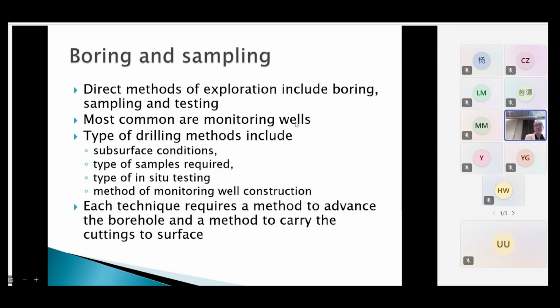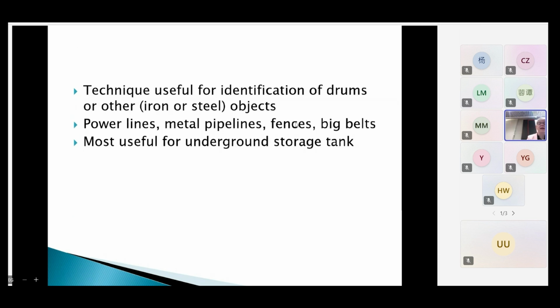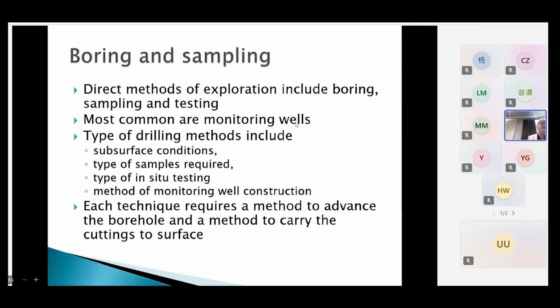The next step, once you have an idea of where the contaminants are, is to do the boring, sampling, and testing to see where the actual contamination levels are and what the contaminants exactly are. All the methods I just mentioned are very indirect. They can give you an idea that there's something there, but not exactly. To get an exact idea, you have to do the monitoring either through groundwater wells or some soil sampling.